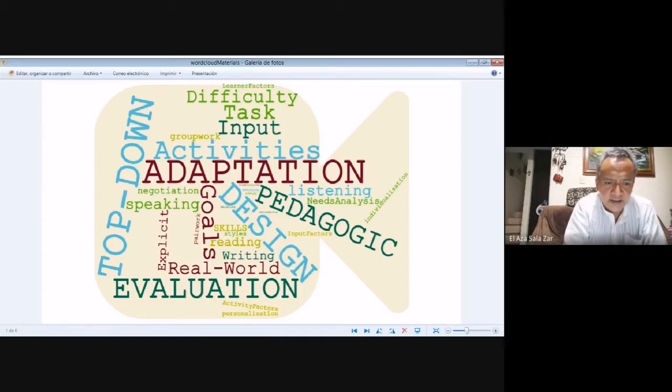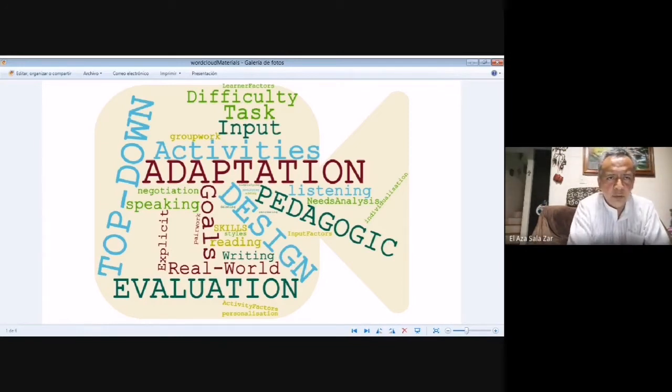Nunan, I think it was Nunan, lists three types of materials: authentic materials, authentic adapted materials, and materials which are designed specifically for the purpose of learning a language. Okay, so adapt, design, and evaluation. That's very important for materials.